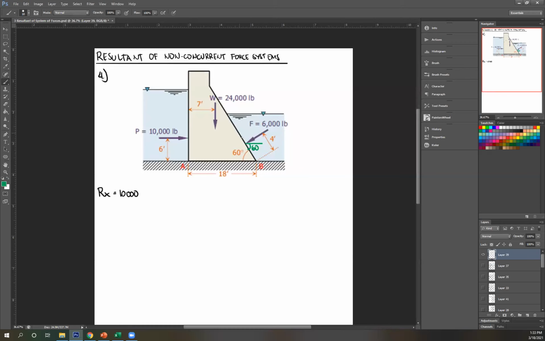And then this is perpendicular to this, so this total angle is 90. 90 minus 60, therefore this is 30 degrees, okay? So this is to the left, therefore negative 6,000. Horizontal component would be cosine 30, since this is taken from the x-axis, or from the horizontal. So I can use cosine. Okay, what's the answer?